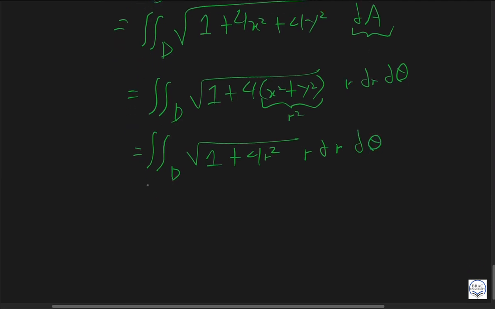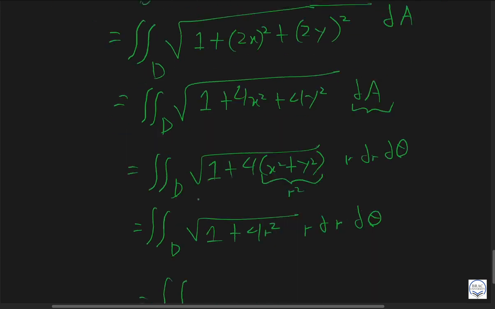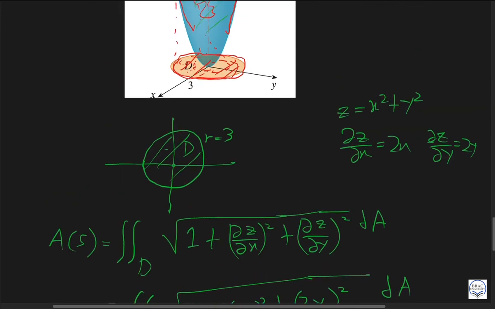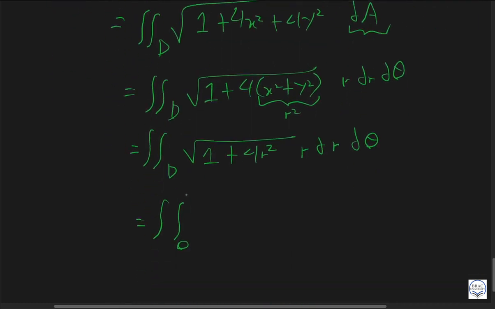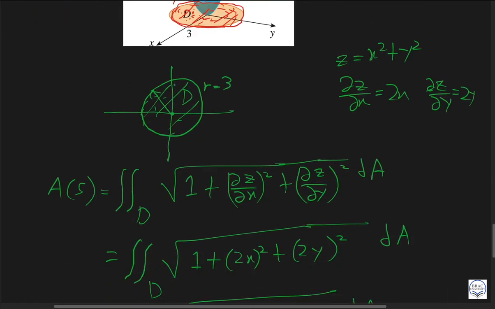Great. Now we have to put in our limits. For our r limits, the entire region has the smallest value of r at the origin where it's 0. There is no distance from the origin to the origin, and the largest distance that these points can have is 3 from the origin, because it's within the circle. So r goes from 0 to 3, and we have to cover the entire circle.